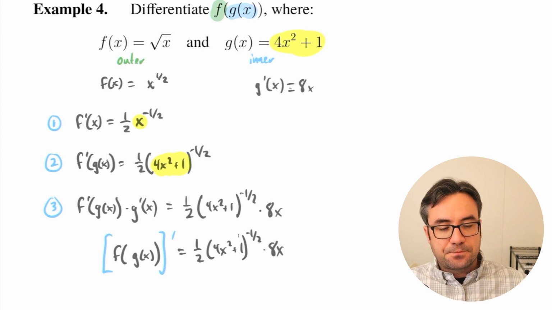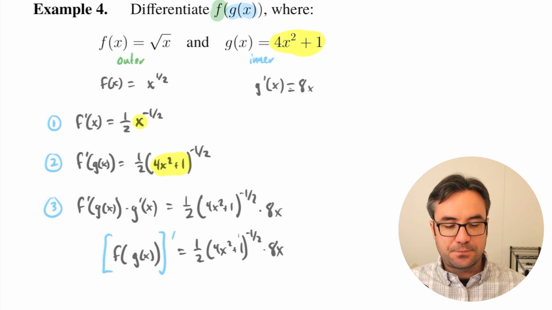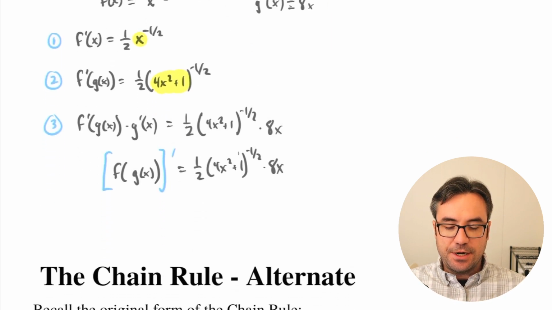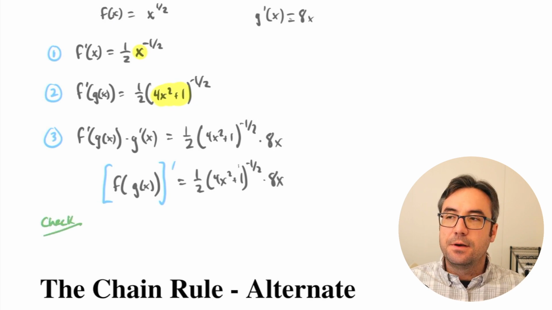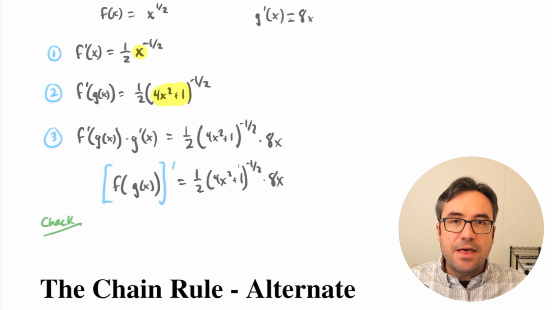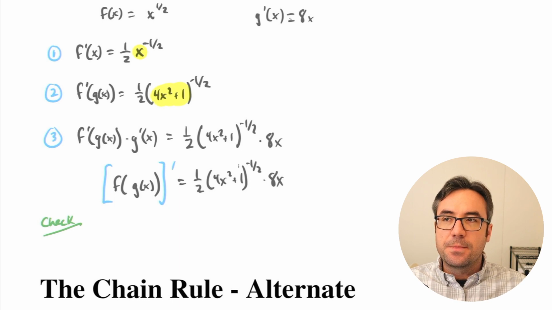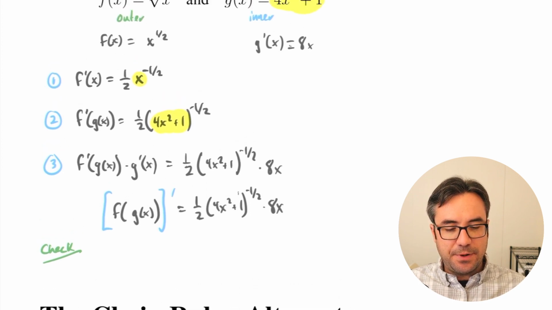So let's do this as a check. We're going to check our answer here by calculating the composite function, seeing what the formula actually is, and then just differentiating with our general power rule. Let's do that up here.